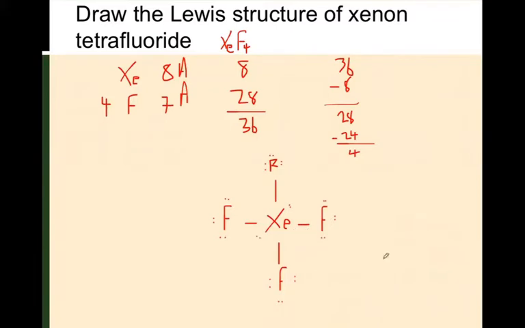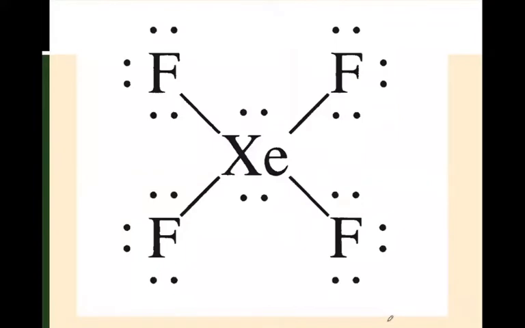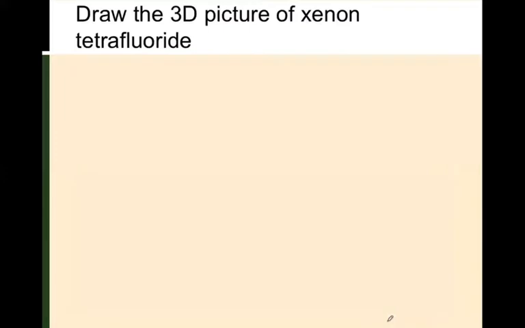Now the xenon has 6 electron domains, as opposed to before when we just had electron domains which were the bond pairs. Now we have electron domains which are lone pairs on the central atom, which is going to affect our molecular geometry. So there's the xenon tetrafluoride Lewis structure. The 3D picture is going to be based on an octahedron again.